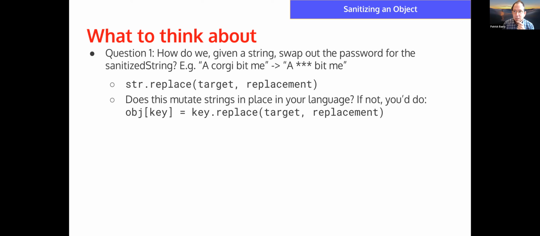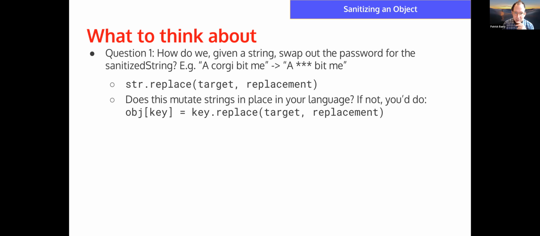So before we even get to the recursion part of this though, something that's not always the same in different programming languages that you should probably watch out for is exactly how string replacement works. Basically all languages have some sort of string replace function, but does it mutate the string, or does it leave it alone and return you a new string?